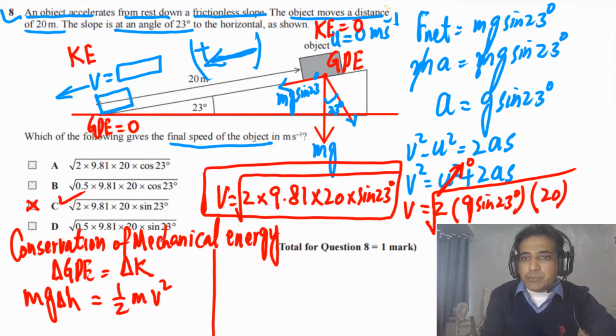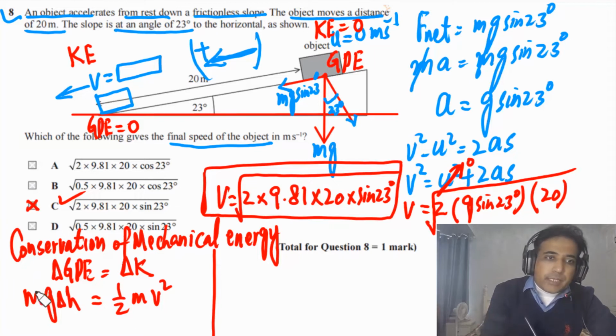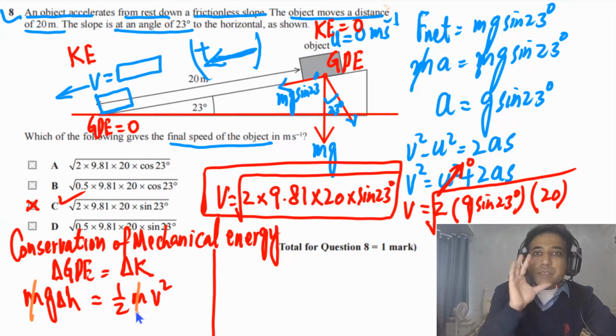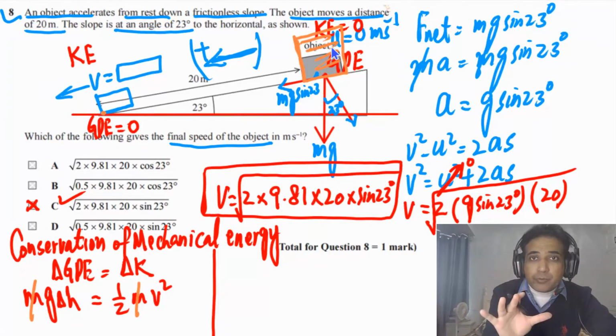We can further simplify this. We can cancel m with m, meaning it is not depending on mass. So this is a very important point. It doesn't matter if I have a big box or a small box, they will reach this point with the same speed if we release them from the same height. A beautiful point you need to understand.